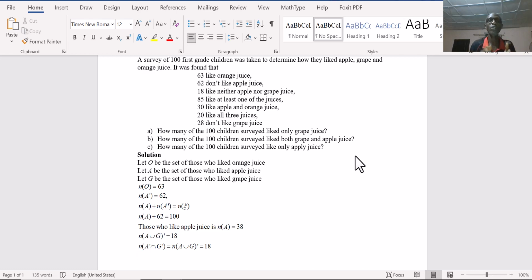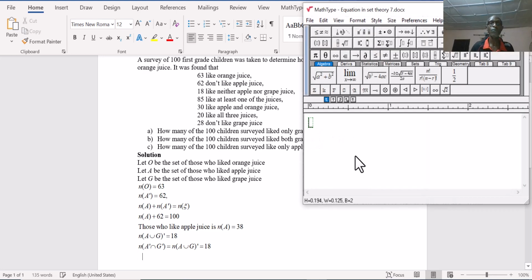So what we can infer from this statement is this. 85 like at least one of the juices. So we have O union A union G. That is what this statement means. So it's 85.